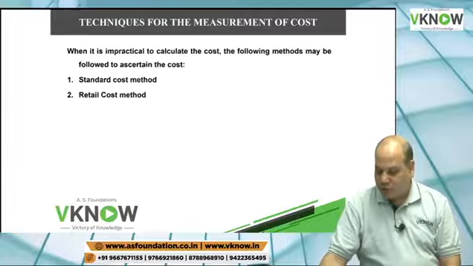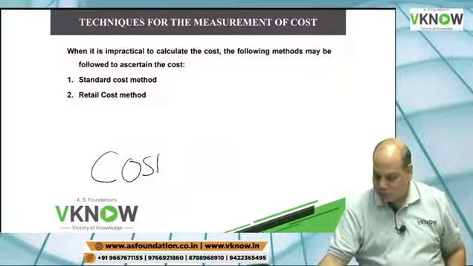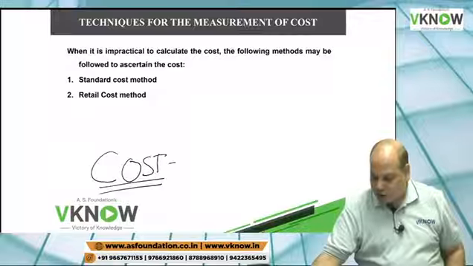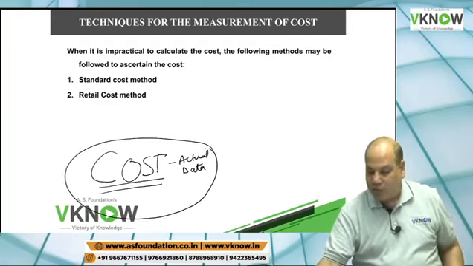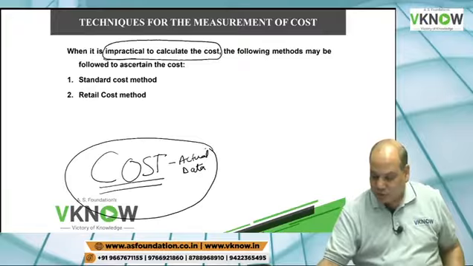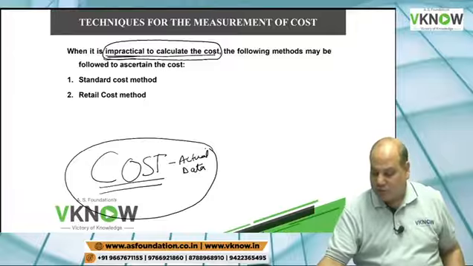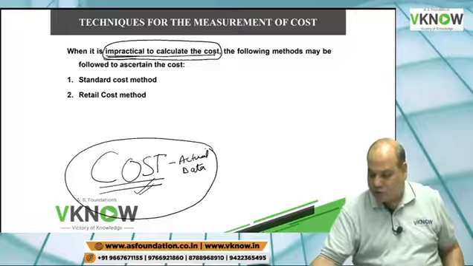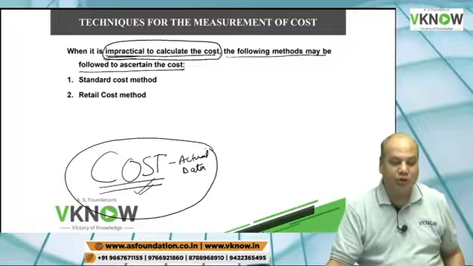Now we'll come to technique for measurement of cost. The standard says calculate cost based on actual data. But if it becomes impracticable, difficult, not possible to find out the actual cost, then the following method may be followed to ascertain the cost.